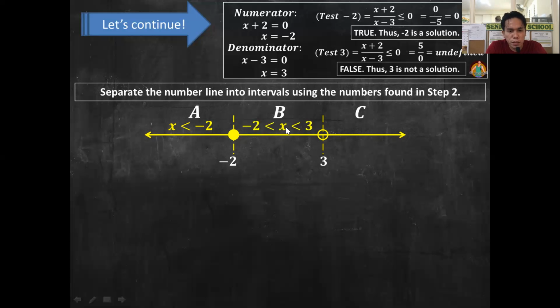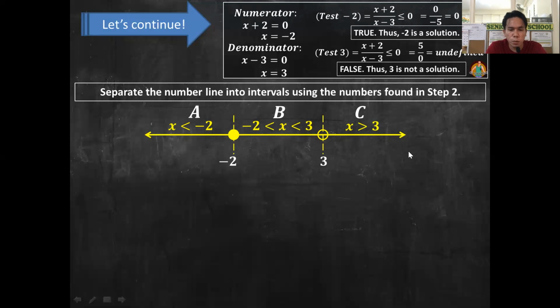So our area B is our x is greater than -2 but less than 3. Okay? So ano yung makikita dito? We have -1, 0, 1, and 2. Those numbers are, again, greater than -2 but less than 3. Okay? And sa C naman natin, ano yung value ng x natin dyan? Our x there is greater than 3.